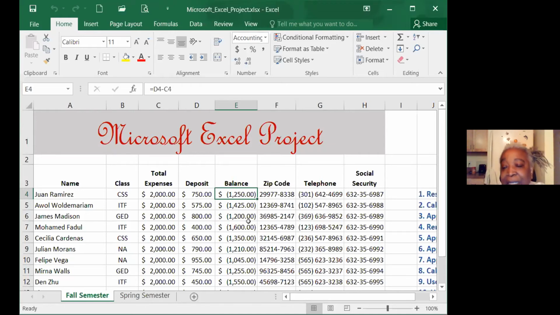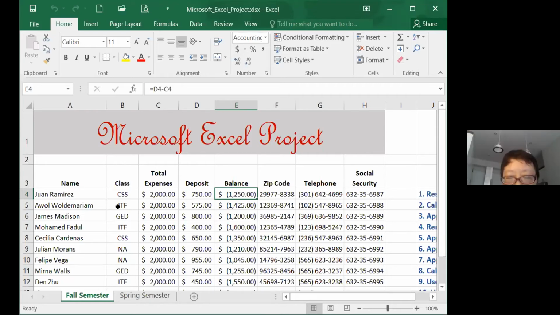But that's how you would write it on paper. You have your total expenses, which is 2,000, and then you subtract whatever you submitted from the 2,000. That's how you would write it on paper, and that's the way you have to set it up in Excel.